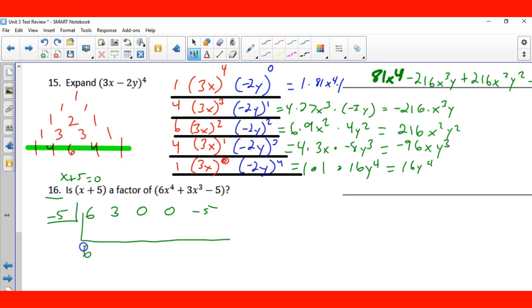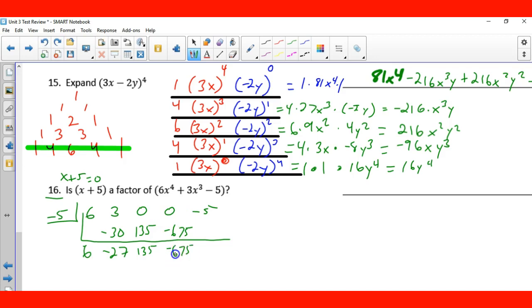Bring down my 6. 6 times negative 5 is negative 30. 3 minus 30 is negative 27. Negative 27 times negative 5 is 135. 0 plus 135 is 135. 135 times negative 5 is negative 675. 0 minus 675 is negative 675.